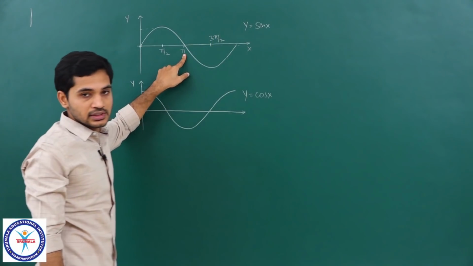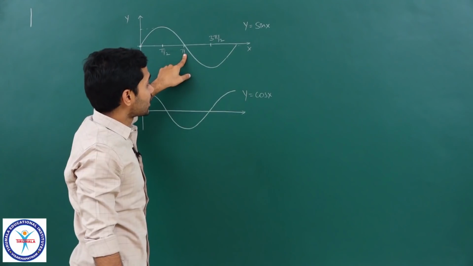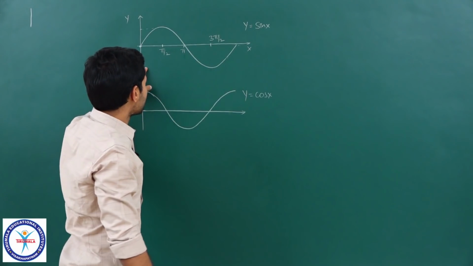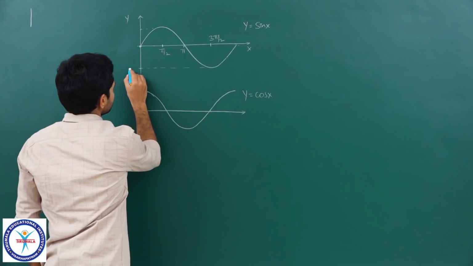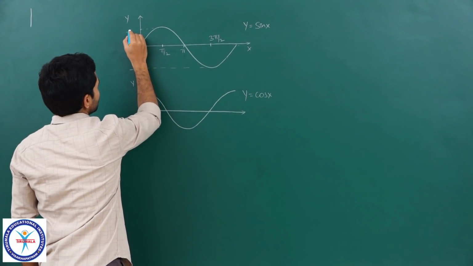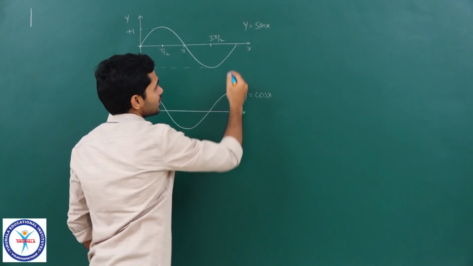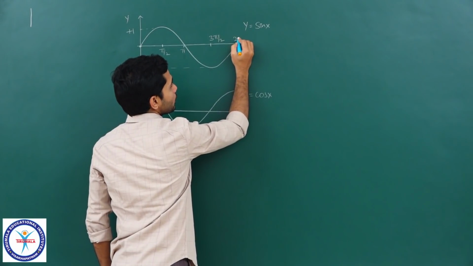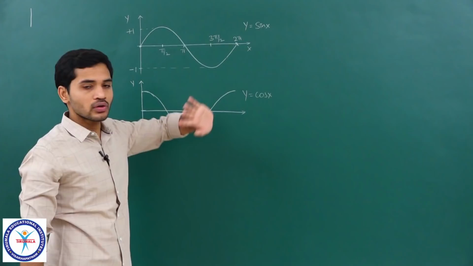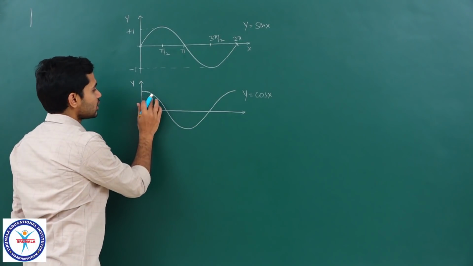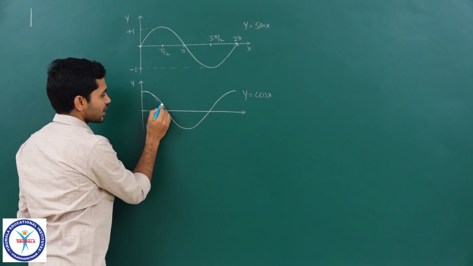At 270 degrees, the sine value will be minus 1. This is plus 1, and once again sin 360, which is 2 pi, will be 0. Clear? So, this is how the sine curve looks, and similarly the cos curve would be something like this.